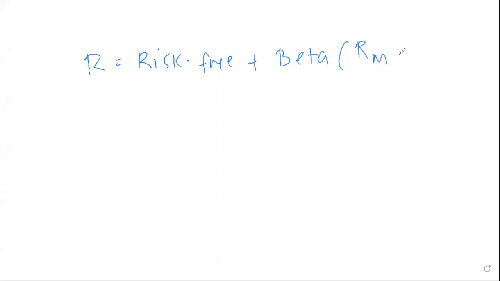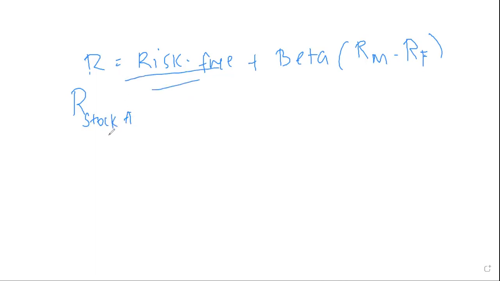Yes, miss. So, required return is equal to risk-free plus beta times market return minus risk-free rate. For stock A, this is the return for stock A. Just use this formula.